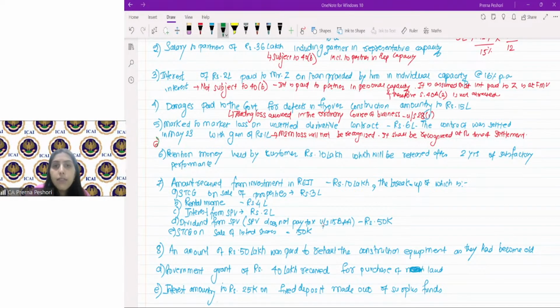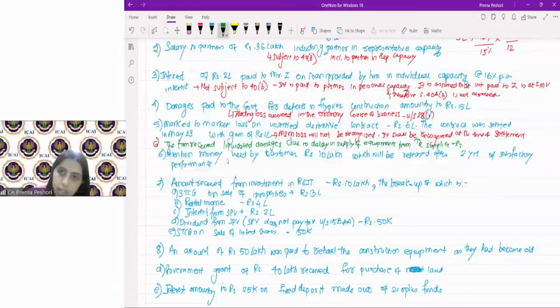The firm received liquidated damages due to delay in supply of equipments from the supplier, rupees 2 lakhs.